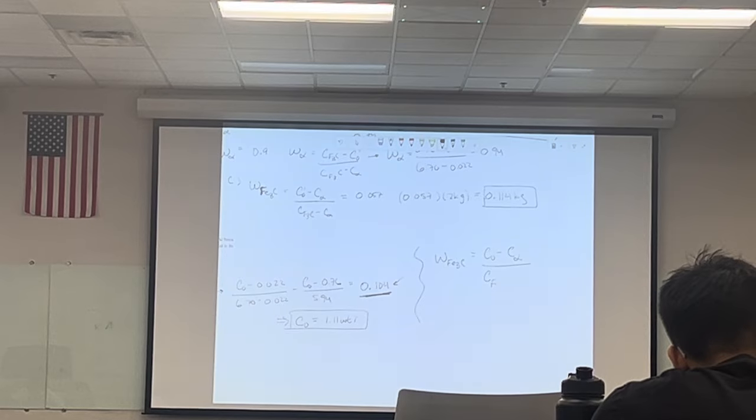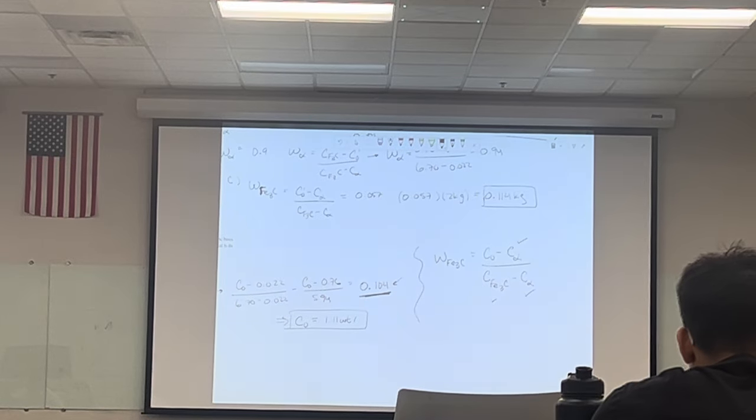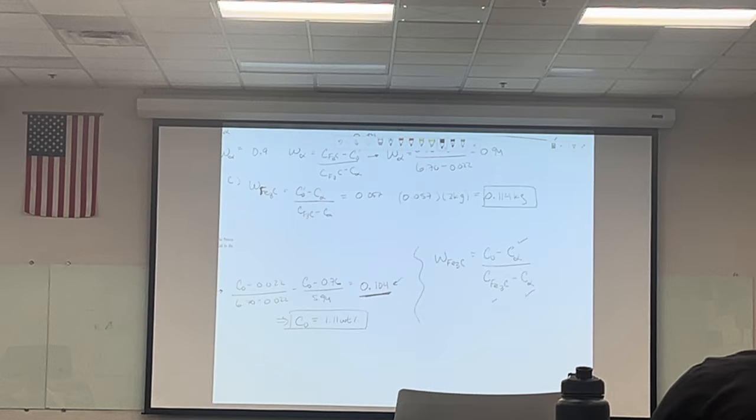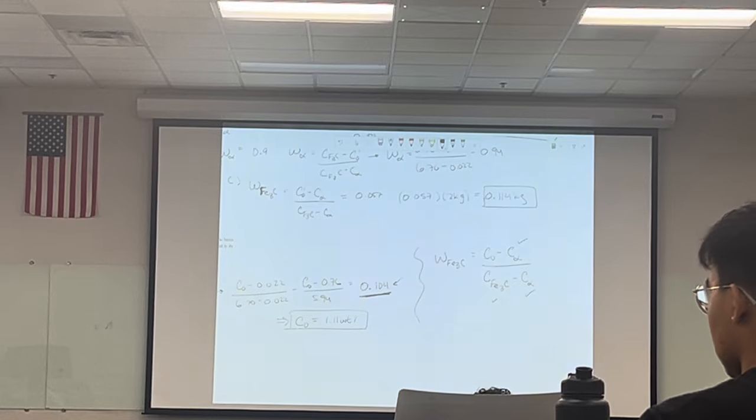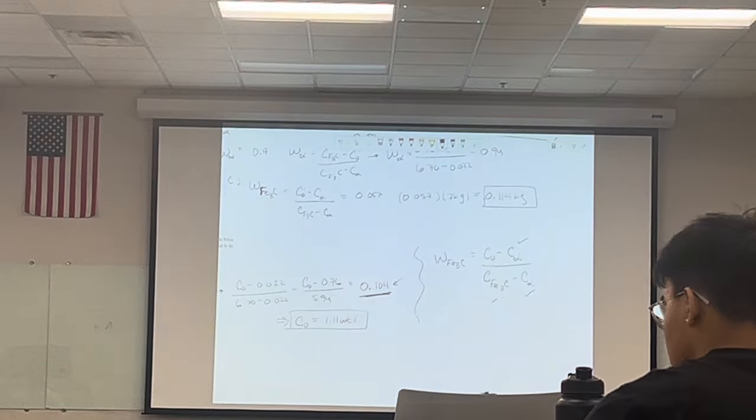So I'm just going to put it up here so that you can reference it. Based on your phase diagrams, you should be able to find these values. And then the only one missing should be your C naught, with the same answer, 1.1%.